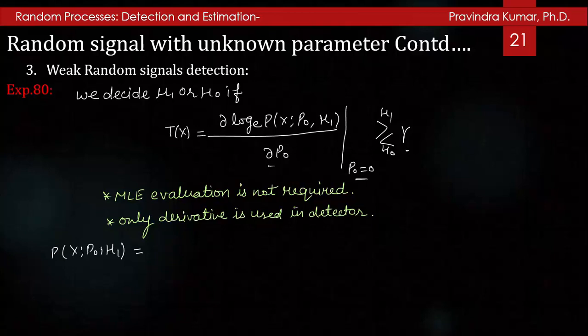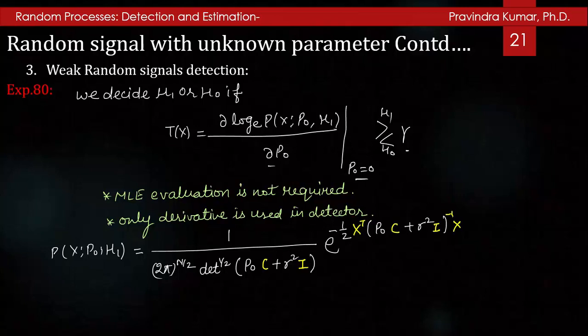The PDF under hypothesis H1 is 1 by (2 pi) to the power n by 2 under root determinant of the matrix P0 C plus sigma square I, into e to the power minus 1 by 2 x transpose inverse of the matrix P0 C plus sigma square I into x.